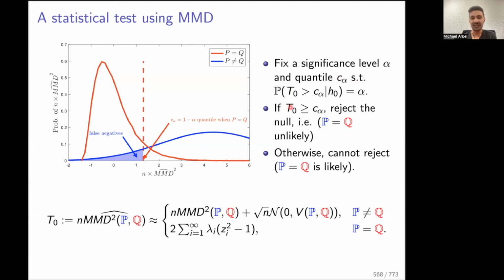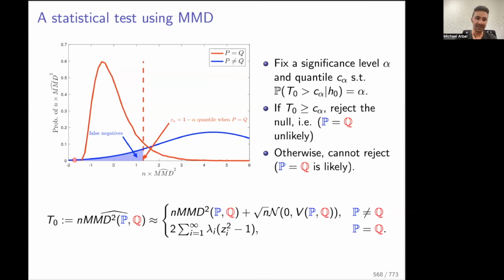So in practice, if we really observe that T0 is greater than the quantile C alpha, we can reject the null hypothesis because it is very unlikely that this happens. Otherwise, if T0 is smaller than C alpha, we cannot reject the null hypothesis, meaning that P is likely equal to Q. Okay, so if we had access directly to the quantile C alpha, then we might be able to perform the test easily.